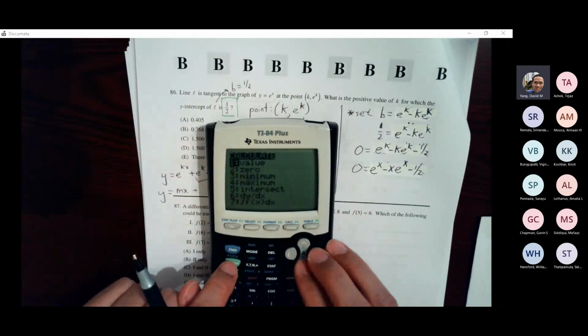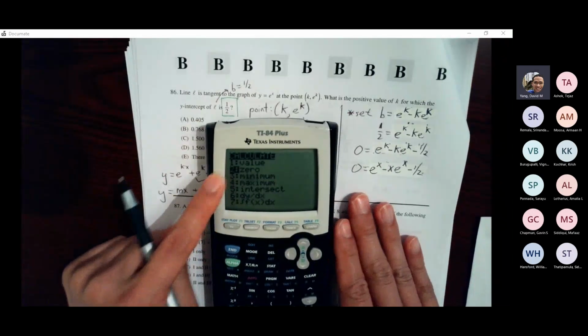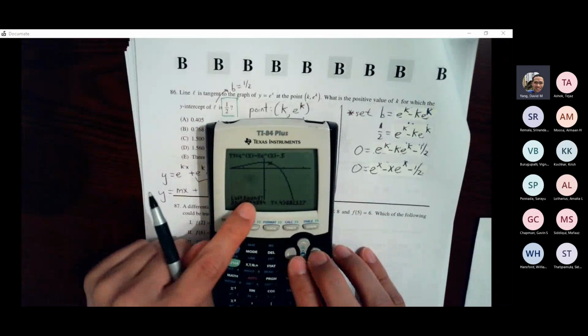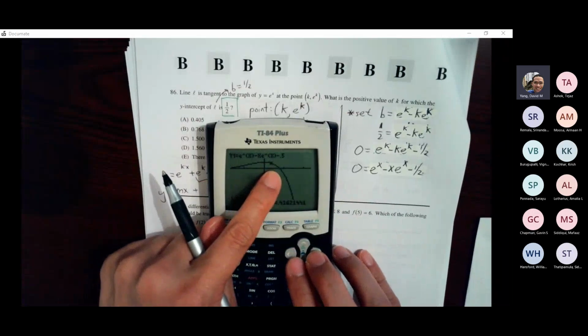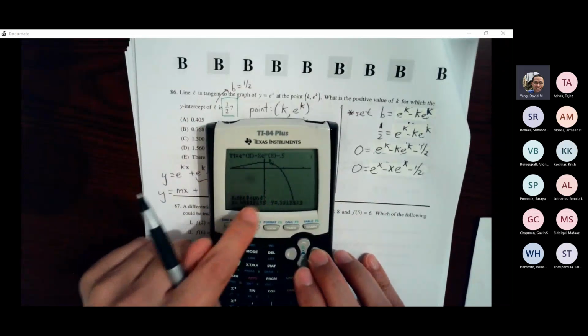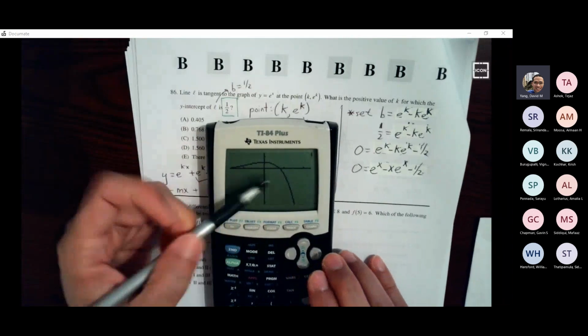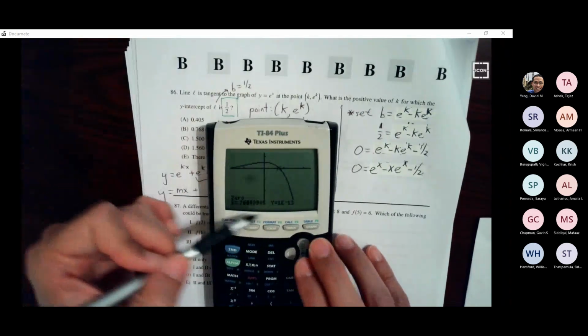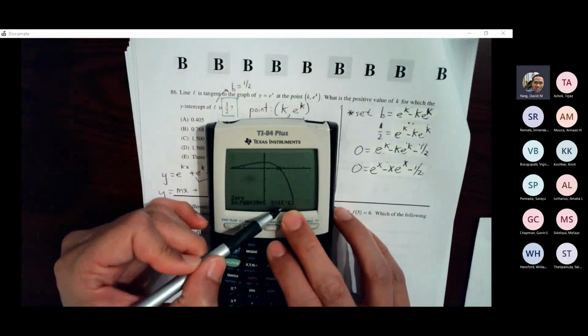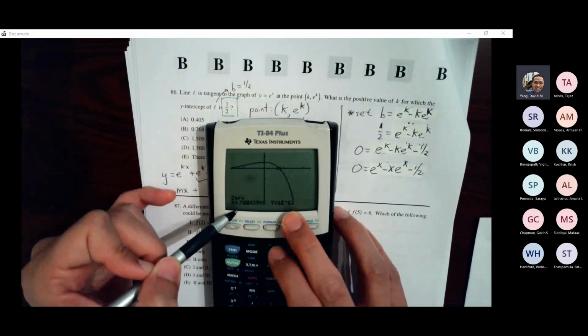Second trace, option 2, 0. Pick a point to the left of the x-intercept, hit enter. Scroll to a point on the other side of the x-intercept, hit enter. Enter a third time. Okay, this is basically 1 e to the negative 13. That's just basically 0. Your x-intercept is 0.768.